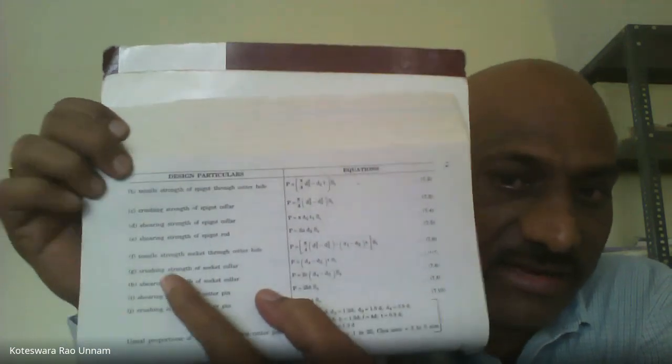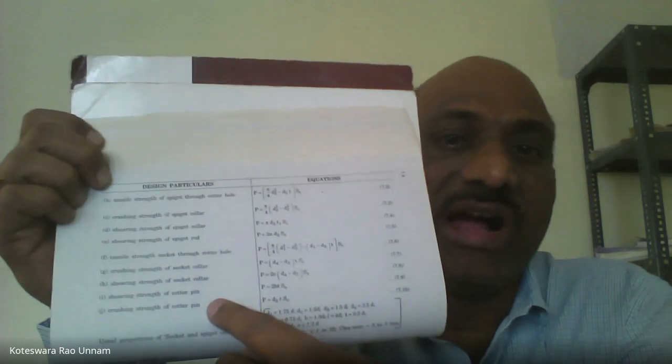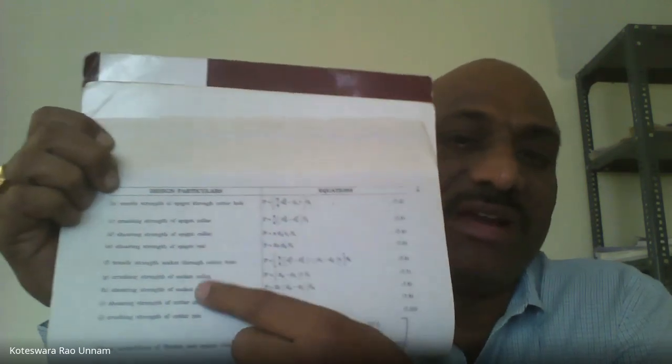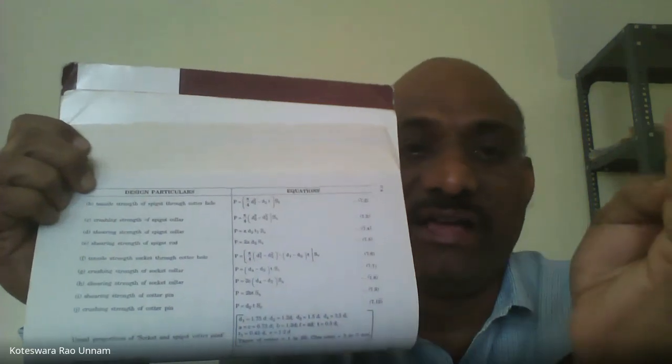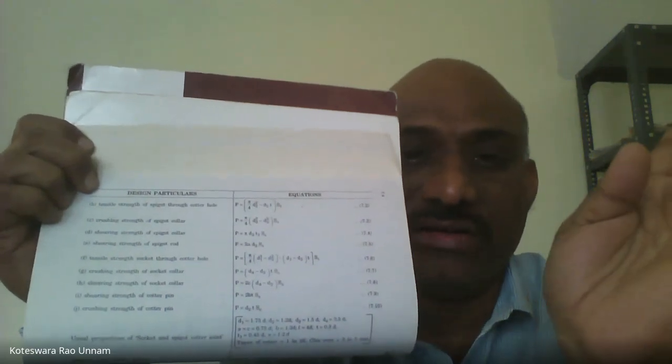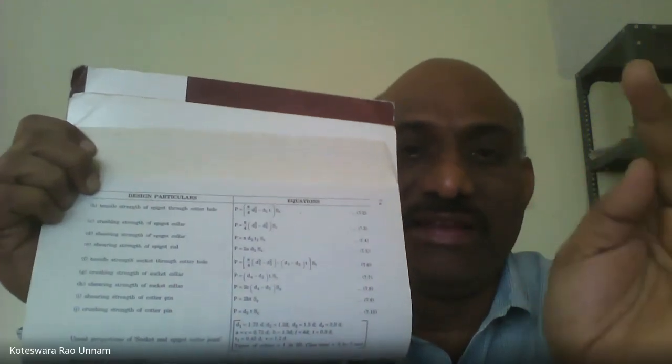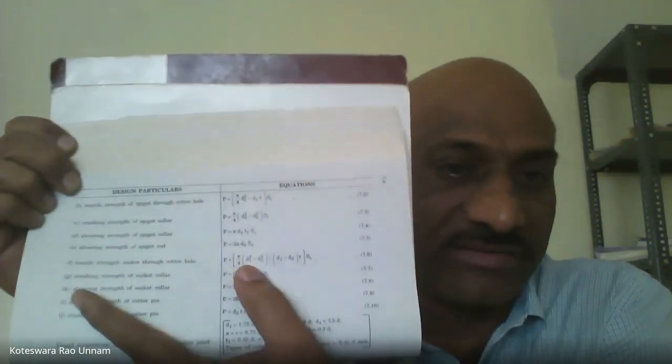Here you can see these are the formulas. Using these formulas, I can calculate all the given dimensions, for whatever we discussed: D1, D2, D3, D4, similarly A, C, T, T1. Those parameters you can calculate based on all these formulas.